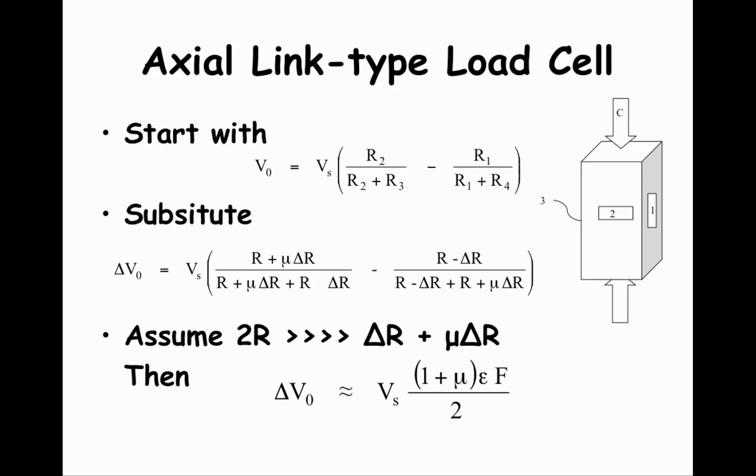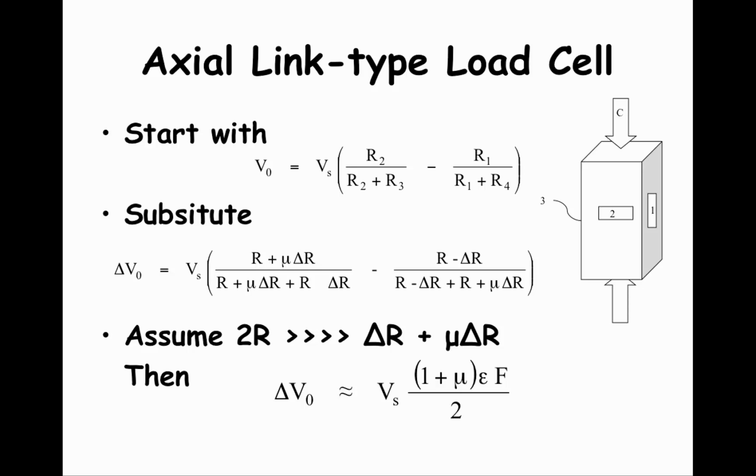We do some algebra and assume that 2 times R is much bigger than delta R plus mu times delta R. After doing this, we get a good approximation of the Wheatstone bridge circuit output voltage for an axially loaded beam with a Poisson arrangement to equal the supply voltage times 1 plus mu times the strain times the gauge factor divided by 2.